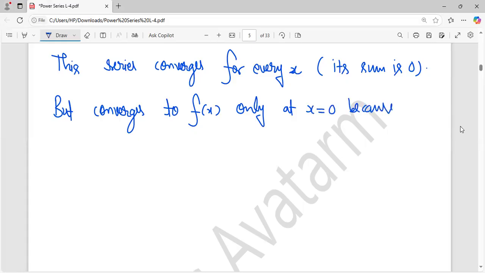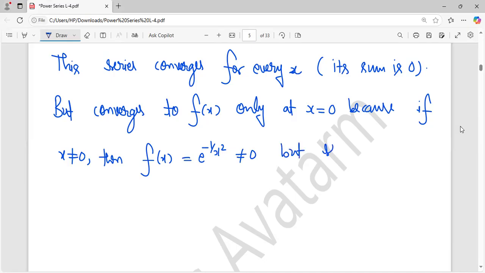Because if x is not equal to 0, then f(x) is equal to e to the power minus 1 upon x squared, that is non-zero, but the series sum is 0.